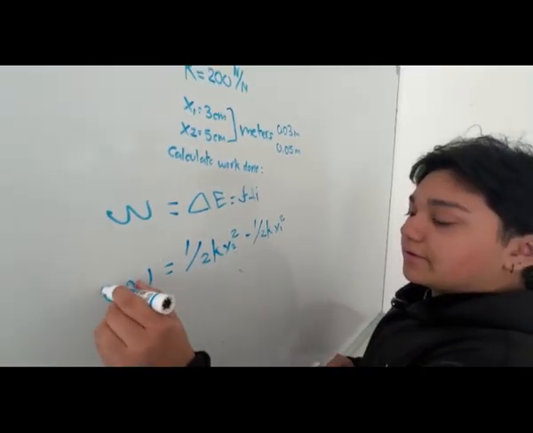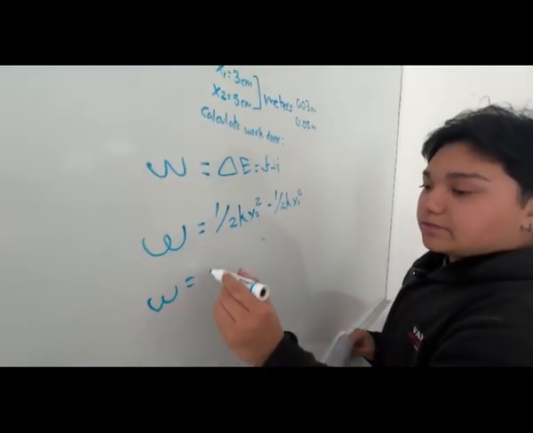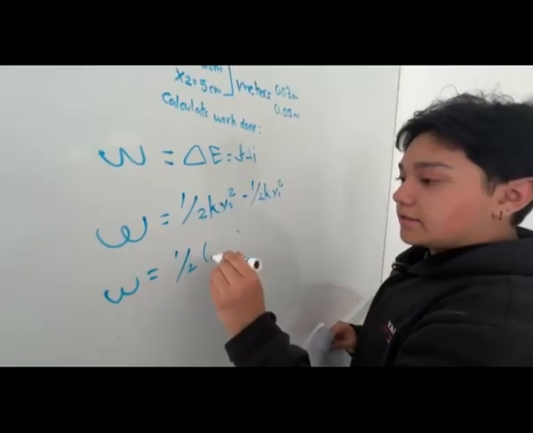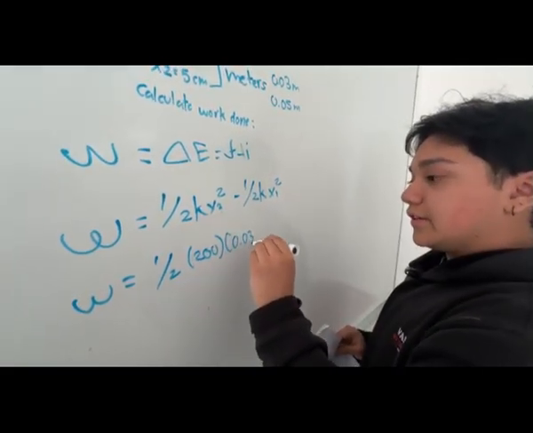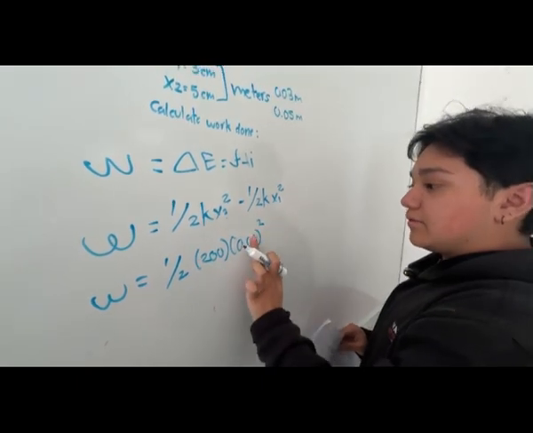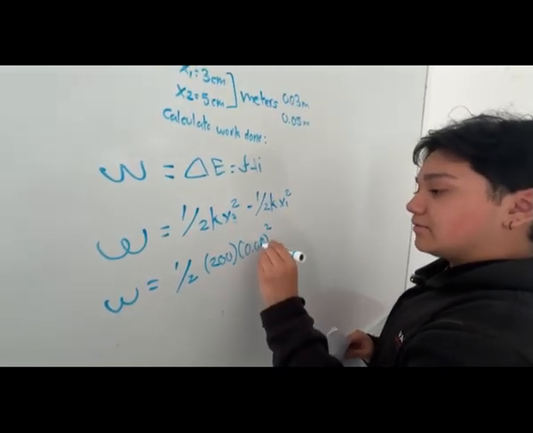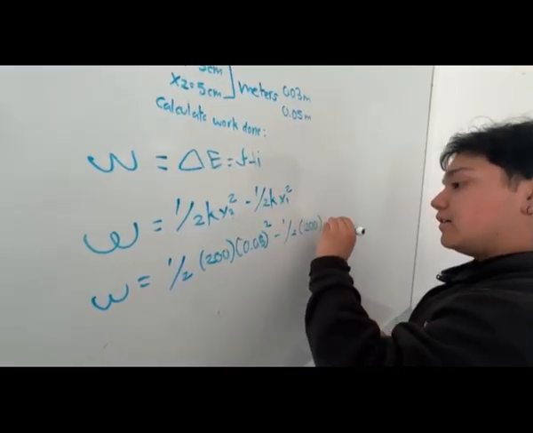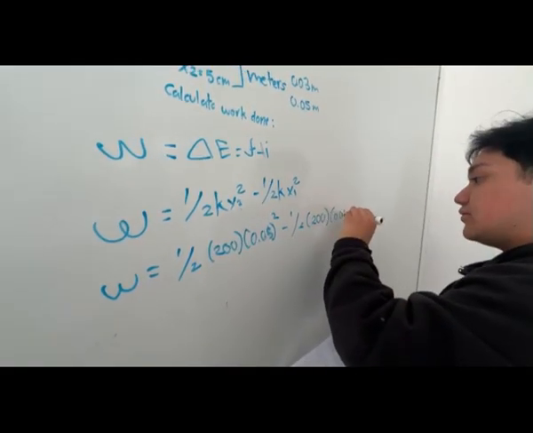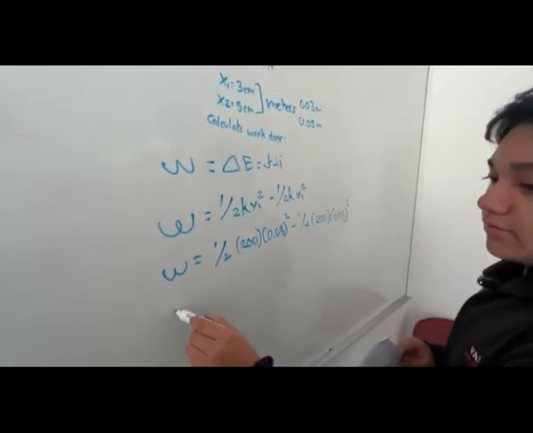And this is equal to work. So if we do this, it is 200, and this is 0.03. No, 0.05, sorry. 0.05 minus 200, and now yes, 0.03, and work.